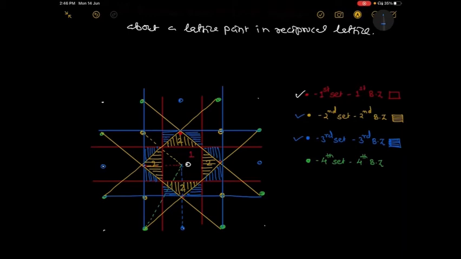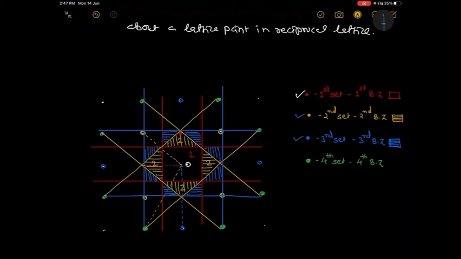Now by using the fourth set of points, we draw Bragg's planes and they enclose the region in between first, second and third. That Brillouin zone is the fourth Brillouin zone.